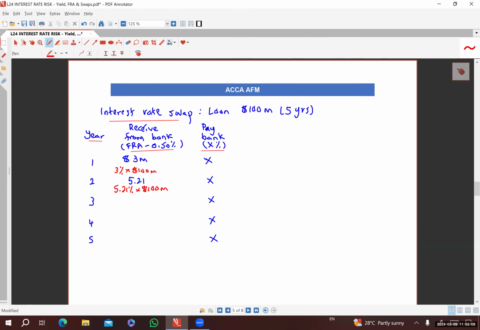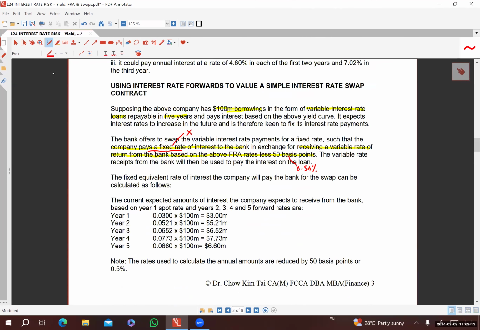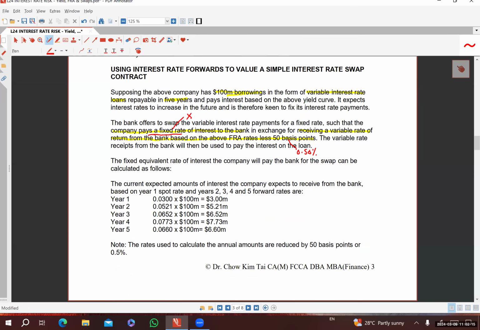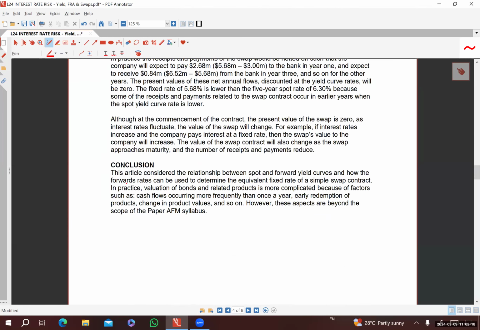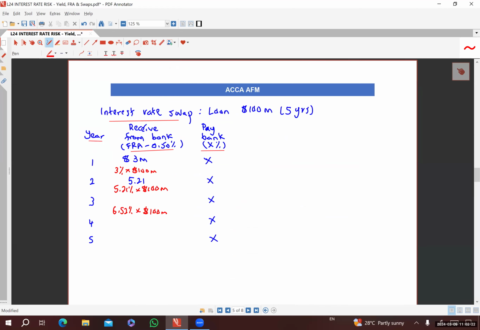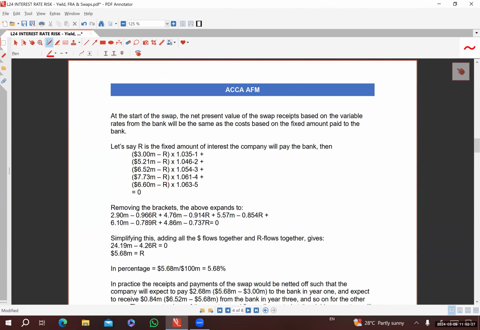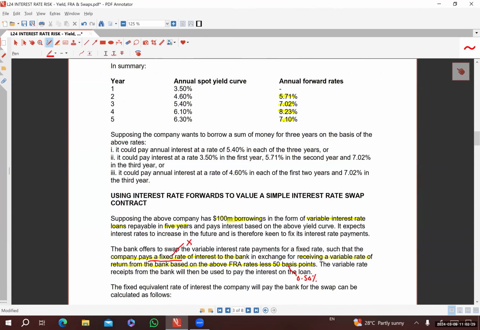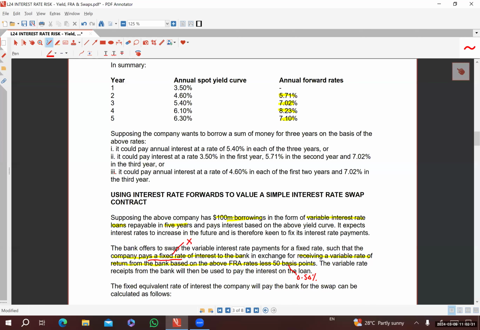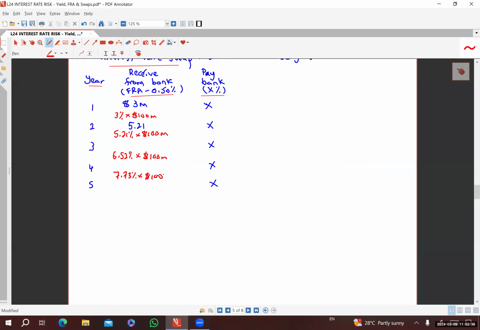Third year, 7.02% minus 0.5, 6.52%. Fourth year, 8.23% minus 0.5, 7.73, times by loan 100 million.